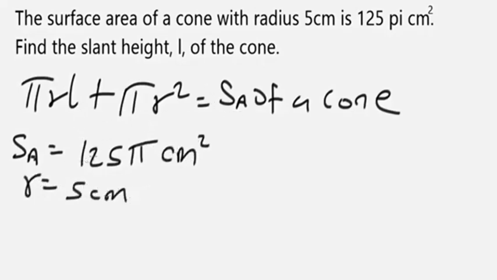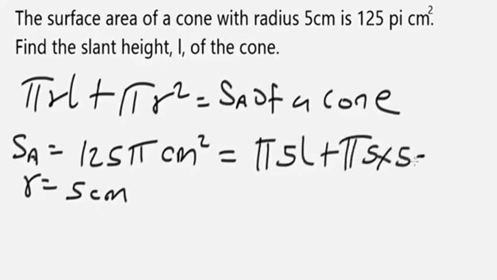Alright, so all you have to do is to plug in these values in this formula and make length the subject of the formula. So when you do it, you're going to have pi, our radius is 5, times length, plus pi times 5 times 5 equals what? 125 pi.